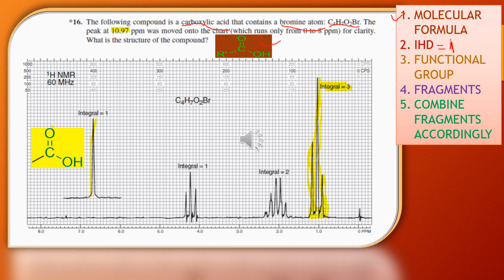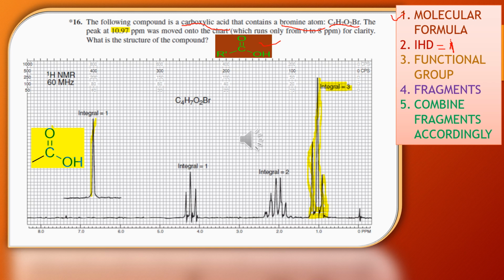And this carbon is attached to a carbon having 2 protons. Why? Because it is showing this splitting. You can see this is a triplet. What is meant by triplet?